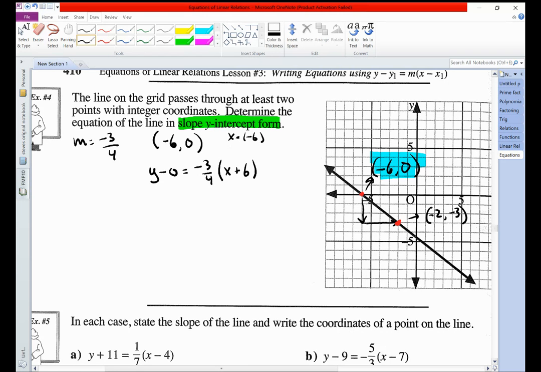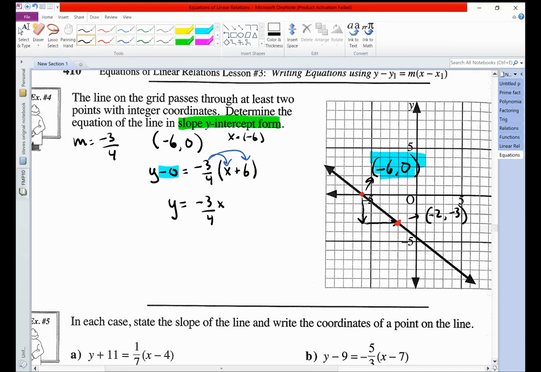So that's awesome. We want this in terms of slope-intercept form. So this minus 0 we can just get rid of because it doesn't really change anything. And I can also factor this negative 3/4 in. If you just left it out, it wouldn't be correct. You have to factor it in because it's going to change the y-intercept.